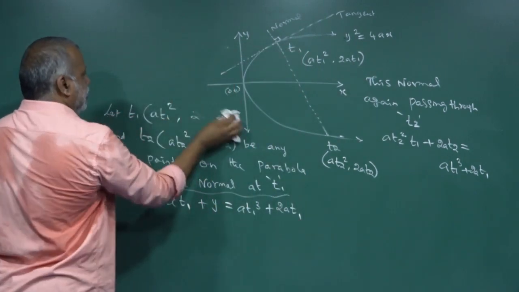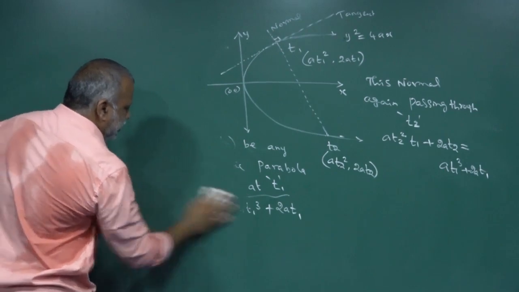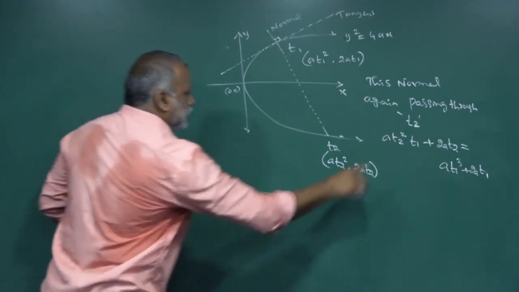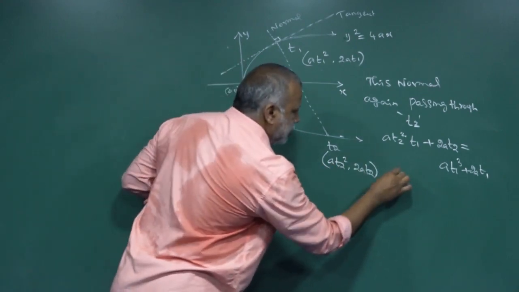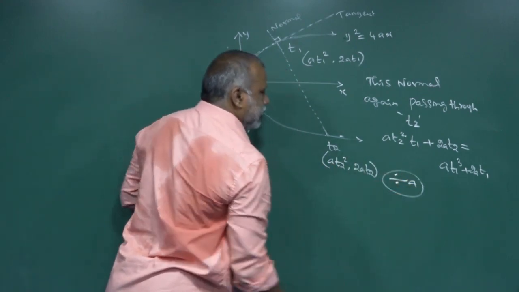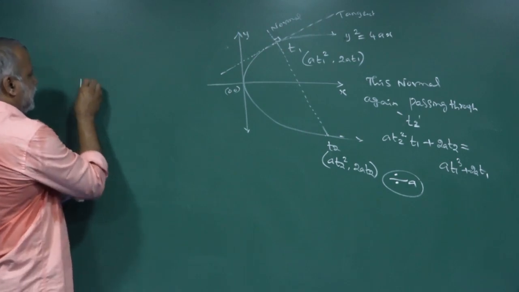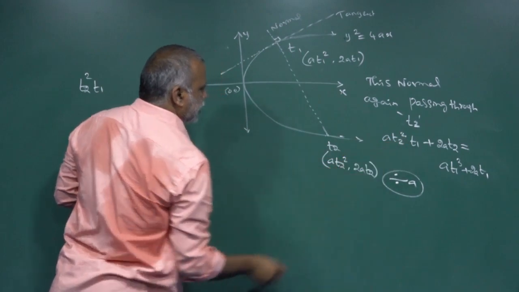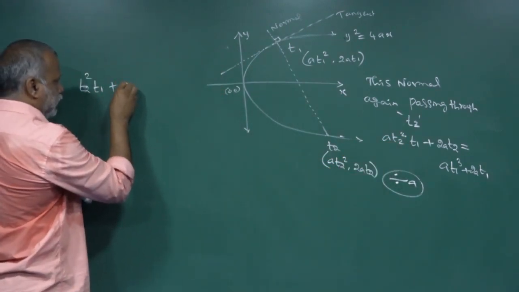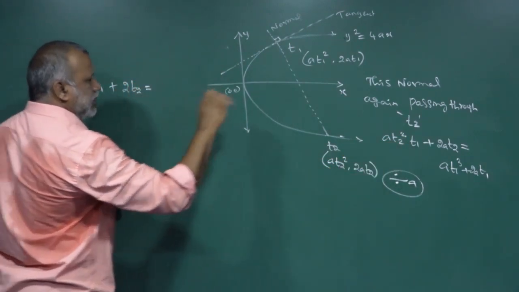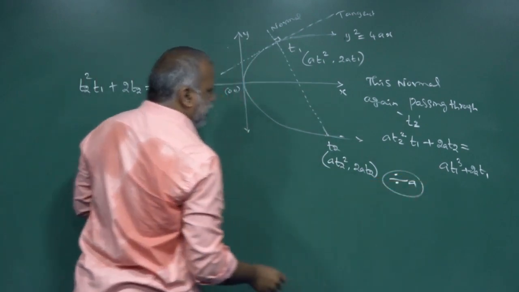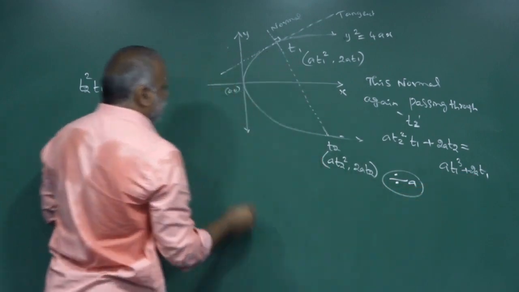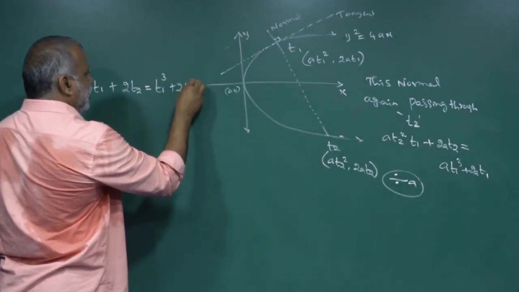Therefore, I am able to divide the given equation by a. So if you divide, we get t2 squared t1 plus 2t2 equal to, on your RHS side, t1 cube plus 2t1.